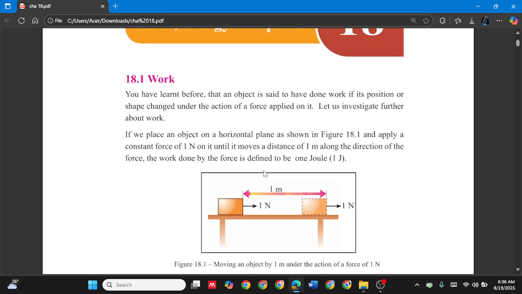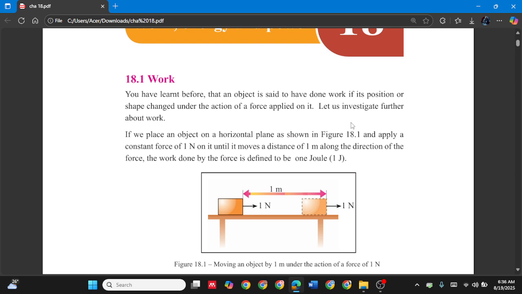You have learned before that an object is said to have done work if its position or shape changed under the action of a force applied on it.